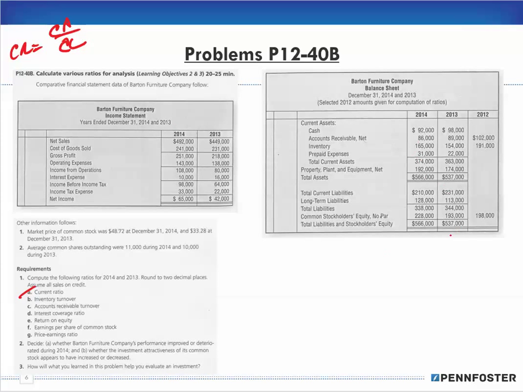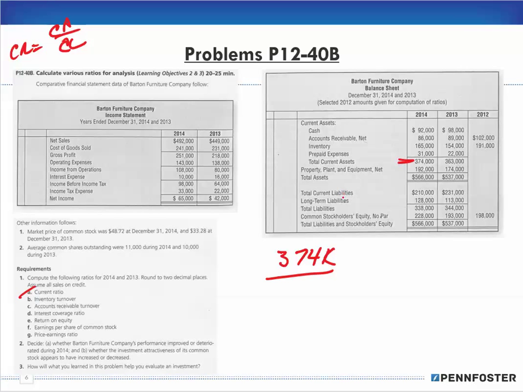For 2014, our current assets are 374,000, and that's divided by our current liabilities of 210, and that gives me 1.78.